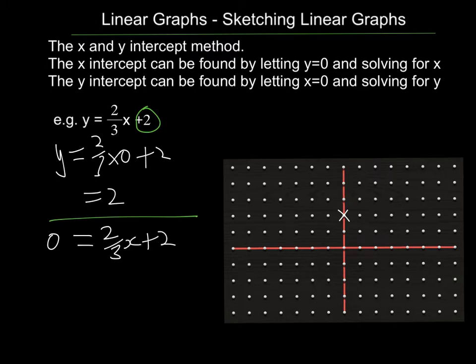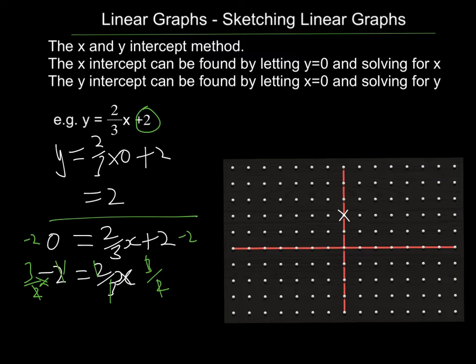To solve for x, I need to get rid of the 2, so I subtract 2 from both sides. And that means I get minus 2 equals 2/3 x. To get rid of the 2 and the 3, I can just multiply both sides by 3 over 2. This 3 and this 3 cancel, this 2 and this 2 cancel, and this 2 and this 2 cancel.